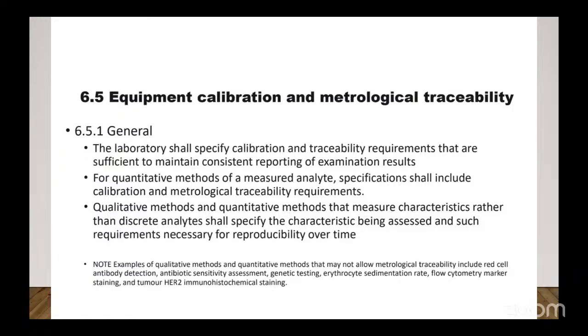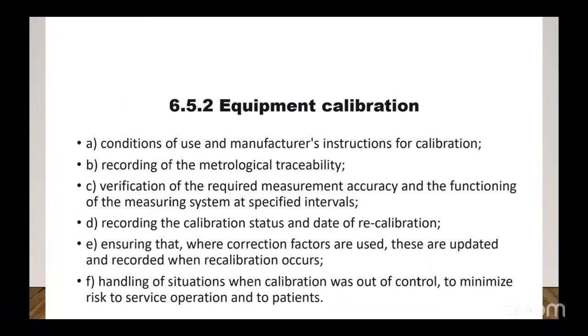So these are also part of the calibration and validation of equipment. Talking about calibration, the condition of use and the manufacturer instructions for calibration have to be followed. Record the metrological traceability, verify the equipment accuracy and the functionality of it. We call it function check. Record the calibration status and the date on which you are going to recalibrate it. Ensure that where correction factors are used, these are updated and recorded when recalibration occurs.